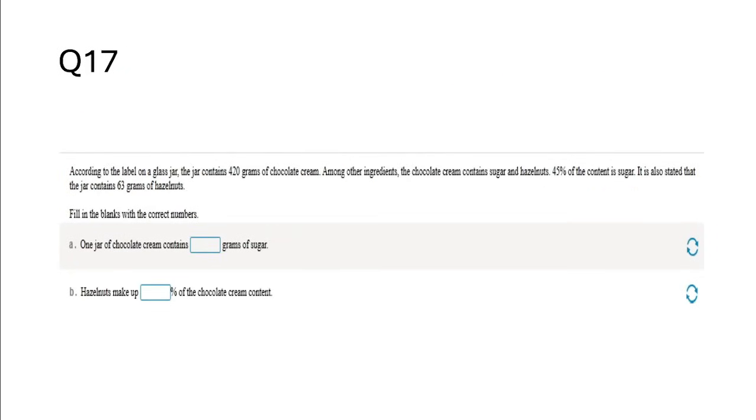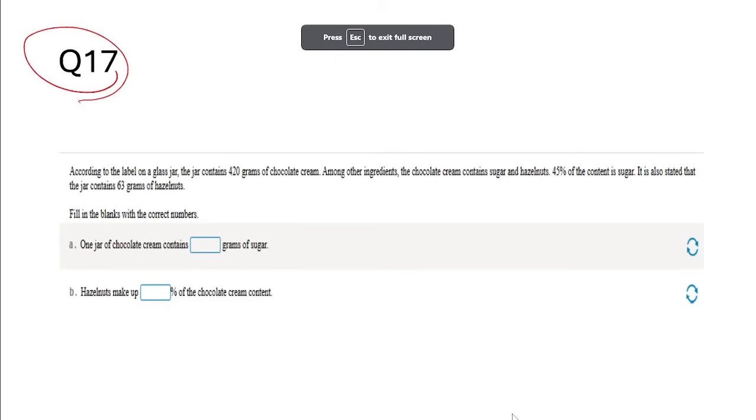Okay, question number 17. According to the label of the glass jar, the jar contains 420 grams of chocolate cream. Among other ingredients, the chocolate cream contains sugar and hazelnut.